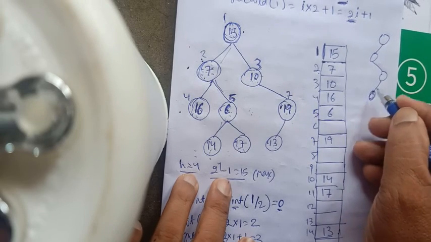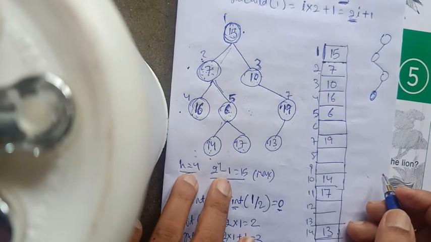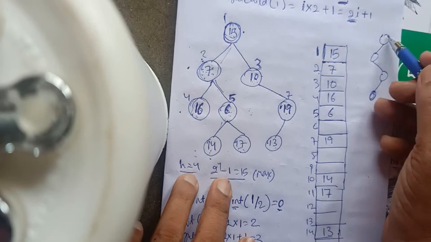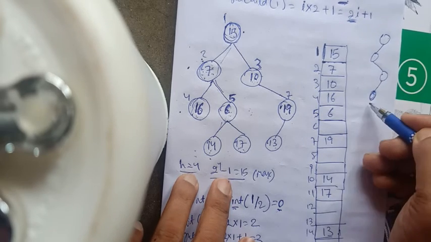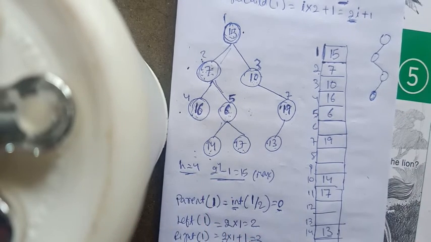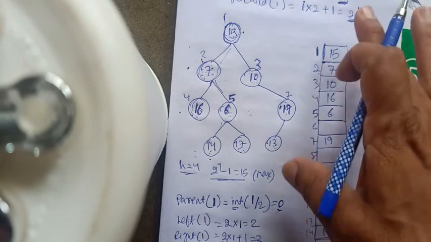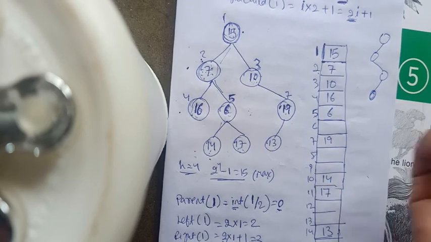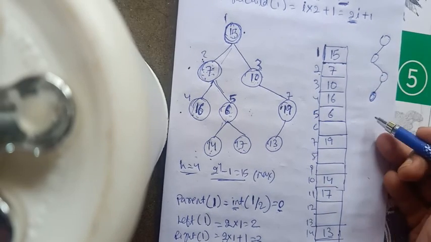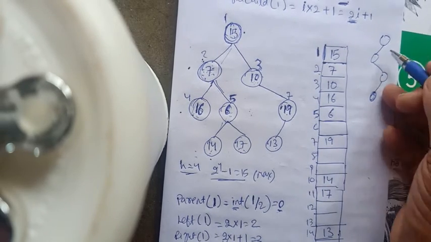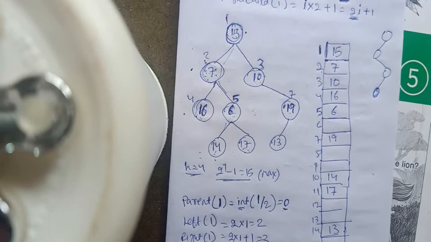Now, what is the height of the tree? The height of the tree is still 4. 1, 2, 3, 4. And if the height of the tree is 4, then we could store a maximum of 15 data. So I have to reserve space for 15 cells. But now actually I have stored only 4 nodes right now. So the tree is not full, and such a type of tree is known as a skewed binary tree.